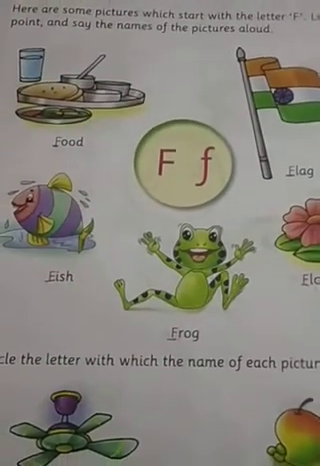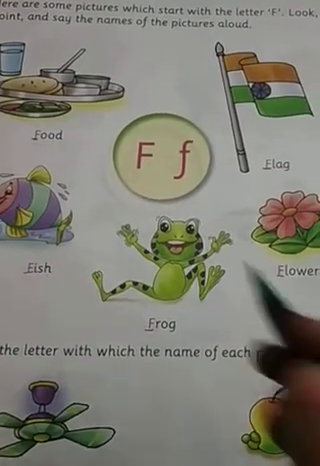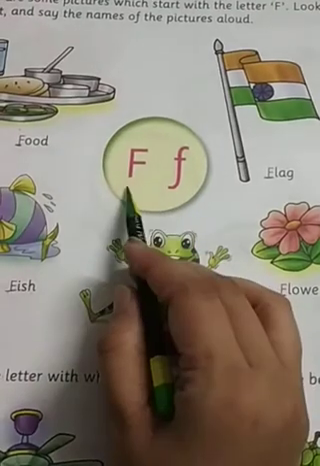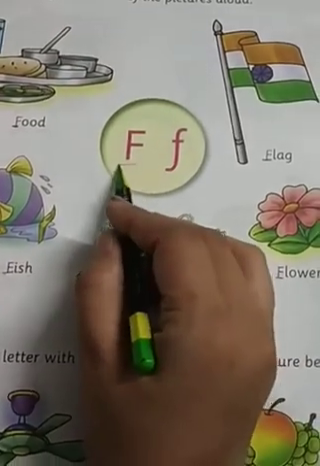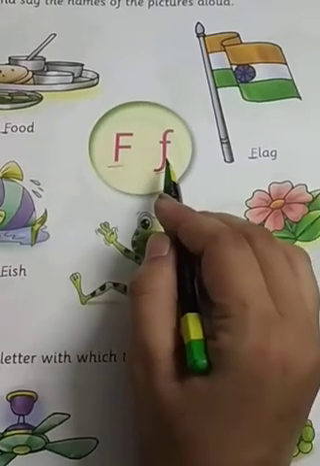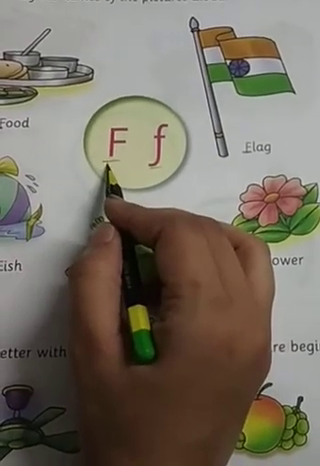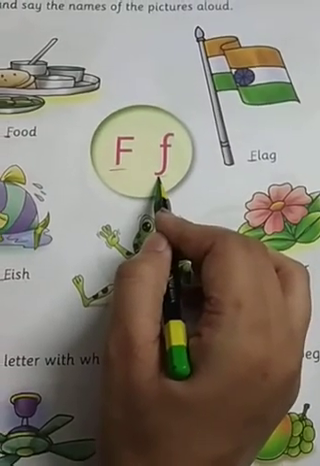So, these are the pictures that begin with letter F. And see, there are two F's, no? This is the capital F and this is the small f. Right now we are just learning about this capital F, and the small f we will write later on.